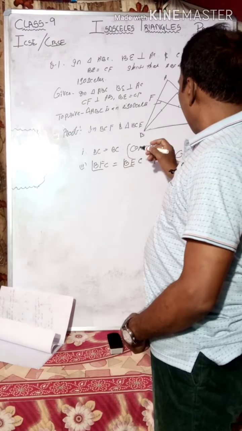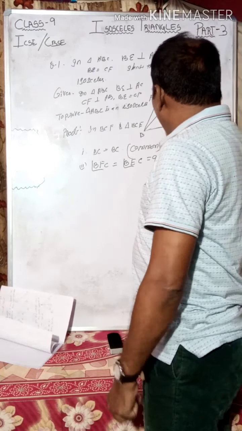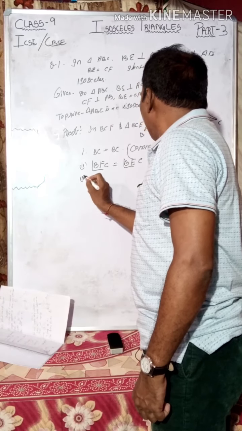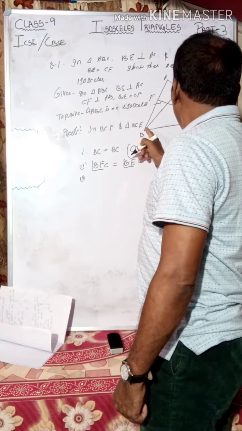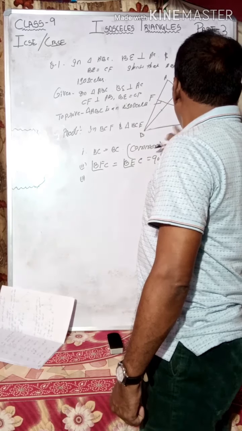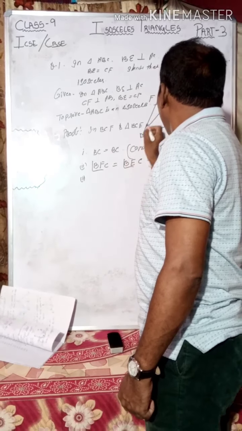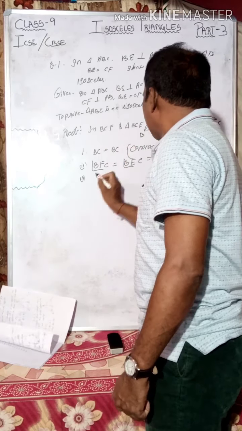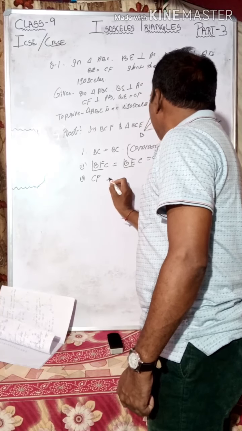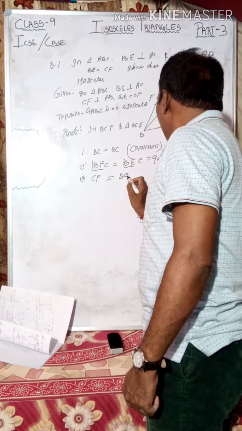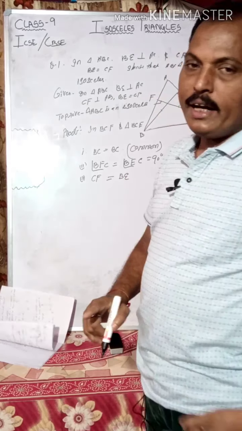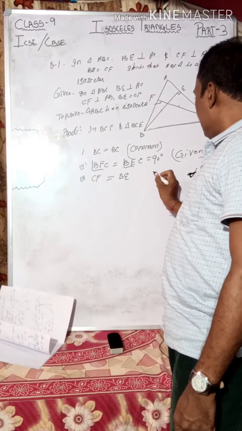And third, CF is equal to BE. The two altitudes are equal. This is also given.